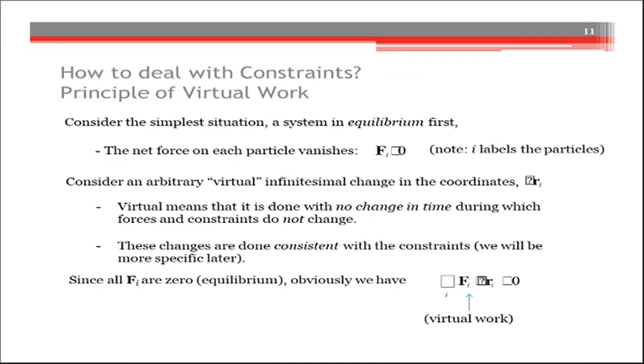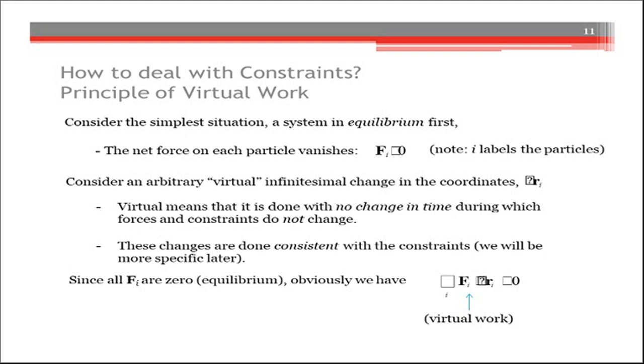How do we deal with constraints? The principle of virtual work. Let us consider a simple situation: the system in equilibrium, where the net force on each particle vanishes. Consider an arbitrary virtual infinitesimal change in the coordinate r_i.